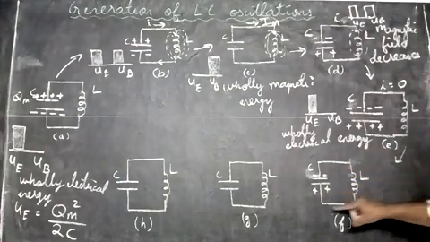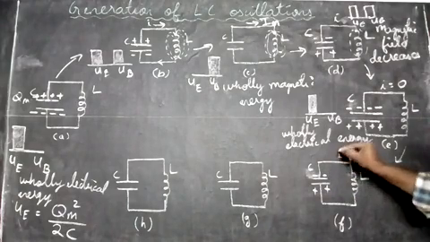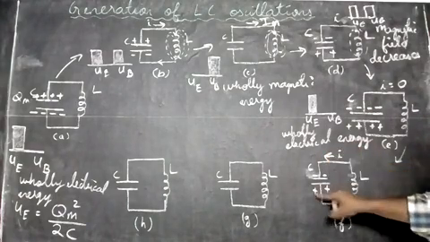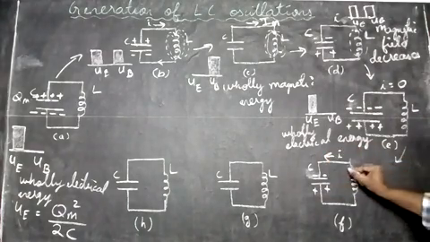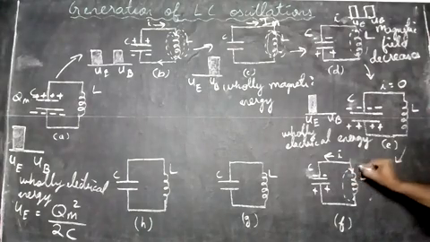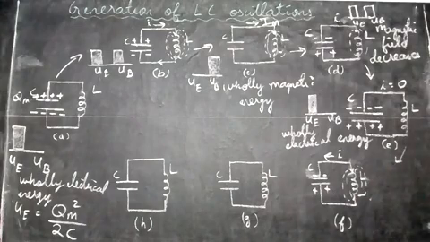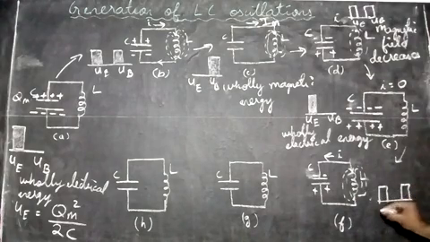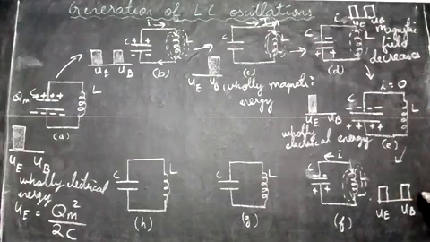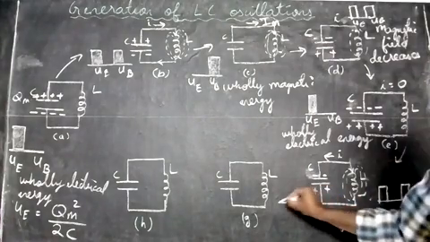Current flows from positive to negative, so current I will be flowing this way, from this side to that side. When current flows in the coil, a magnetic field is produced. Now we'll have half magnetic and half electric energy. So you can have two graphs or two bars like this: this will be the electrical energy and this is the magnetic energy, half electrical and half magnetic. Now let's see the next picture.